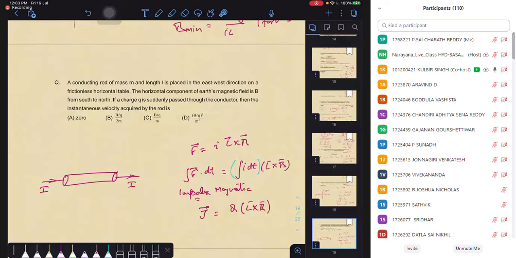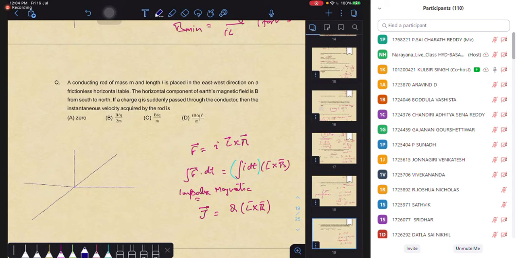In the question he says there is a current flowing in the east-west direction. So first we draw the directions. Where is the current flowing?